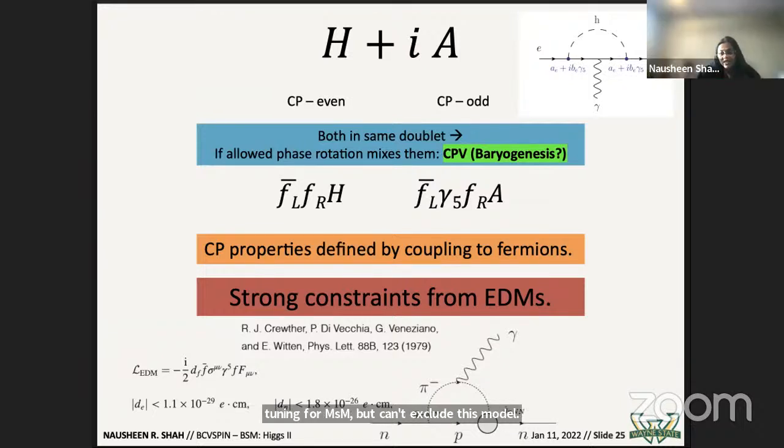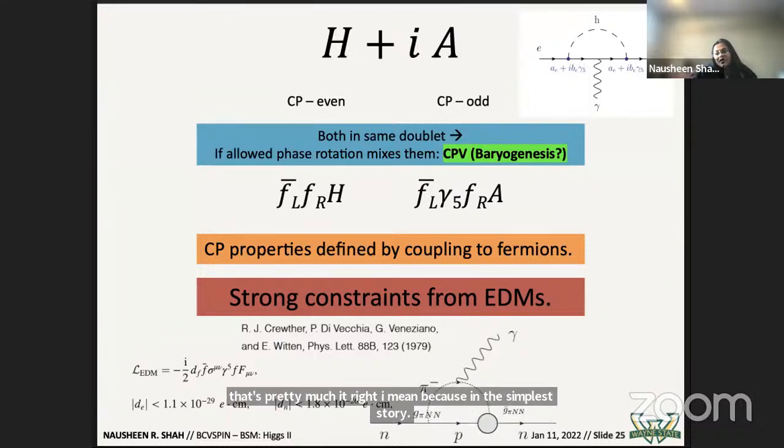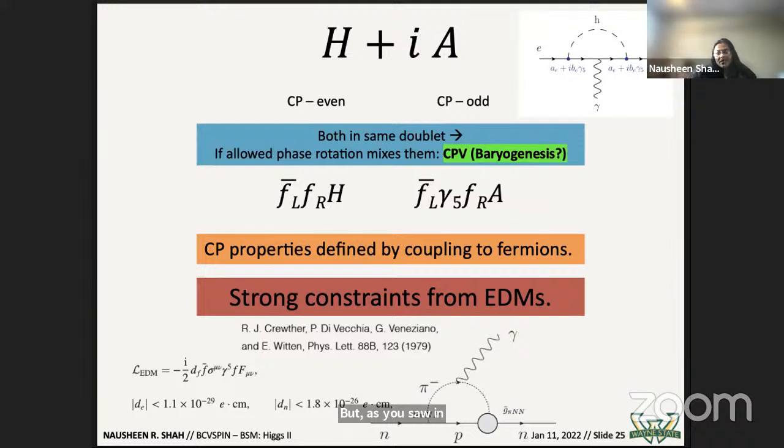Right, that's pretty much it, right? In the simplest story, with just the MSSM, we need the stops to be at the TeV scale, right? But as you saw in the NMSSM story, just adding one additional piece, right? You should think the MSSM is the simplest SUSY model that we could write down.